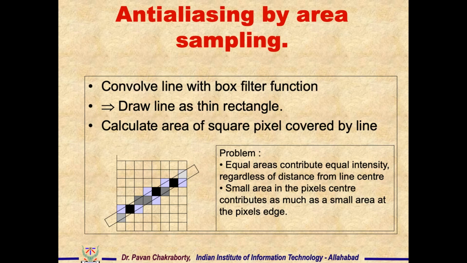Of course, I cannot fill half a pixel or a quarter of a pixel. What I can do is fill the whole pixel with an intensity which is a quarter of the total intensity of the pixels which fall totally in the line. So this level of intensity will depend on the area of the pixel which is part of the line.